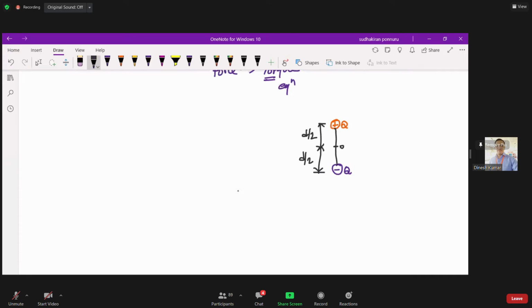And now what are you going to do? We are going to place this dipole in an electric field. Now I am going to draw that field.